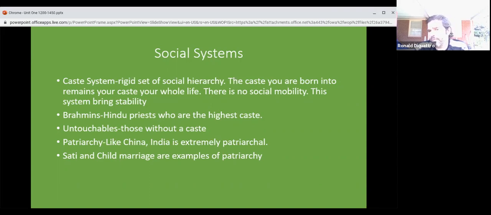Sati is the practice where, when a powerful, wealthy member of an upper caste dies, what would generally happen is they would have a funeral for that person, and they would burn the corpse, and the whole town would come out to the funeral to watch the corpse being burned.